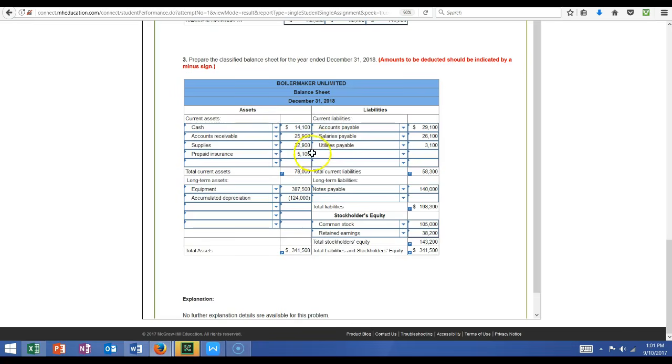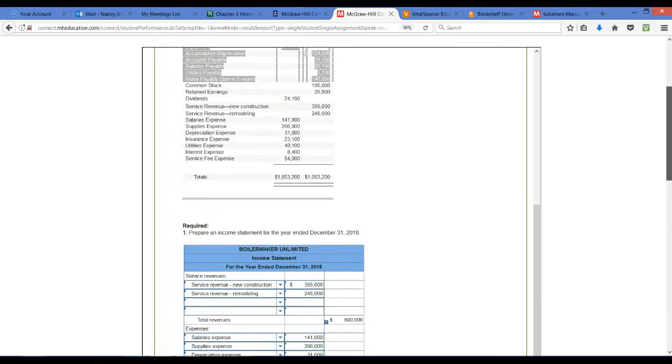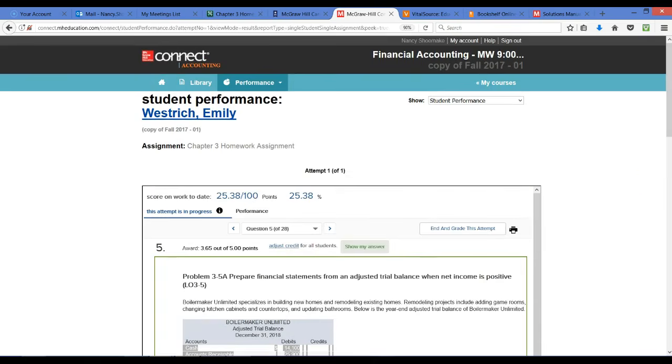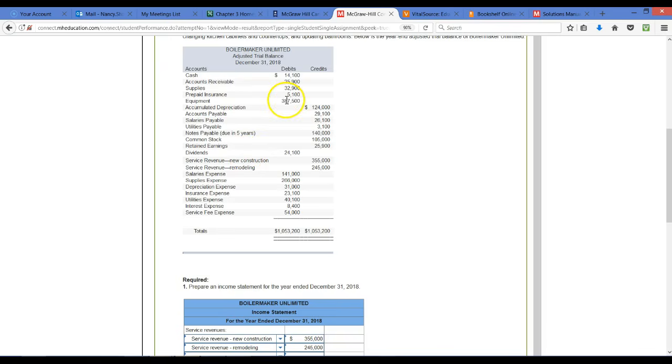The prepaid insurance gives us our total current assets. We take our equipment of $387,500, which you see here. You have to make sure this accumulated depreciation offsets your equipment.